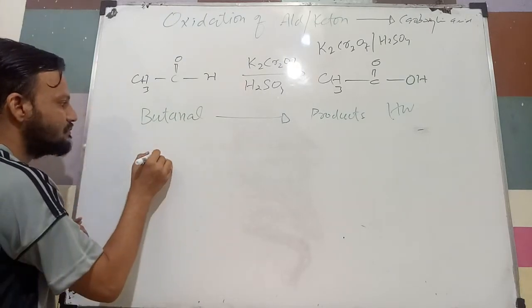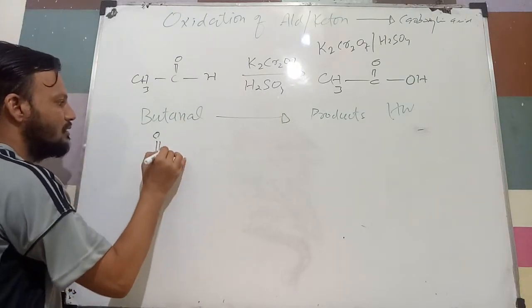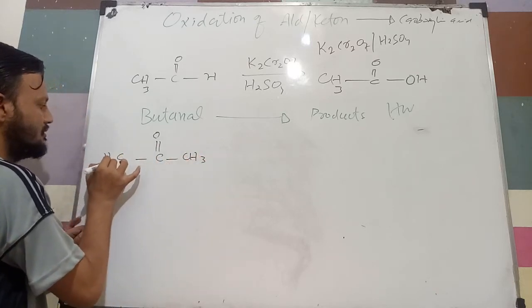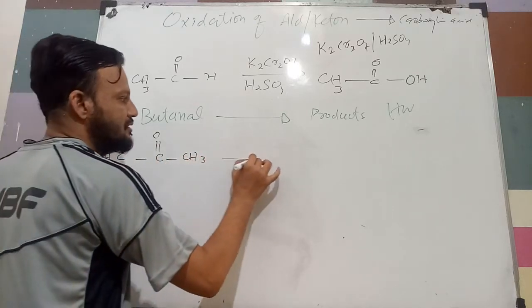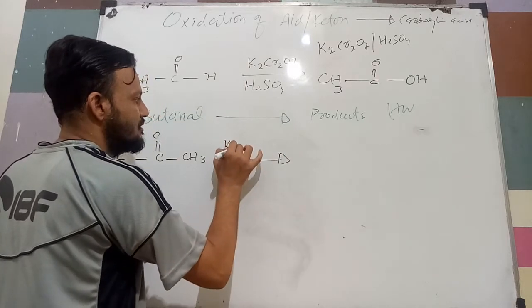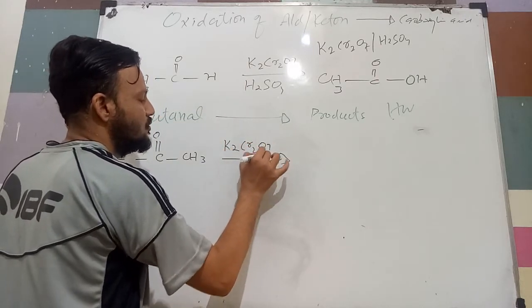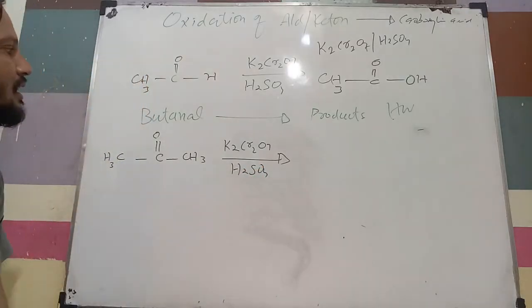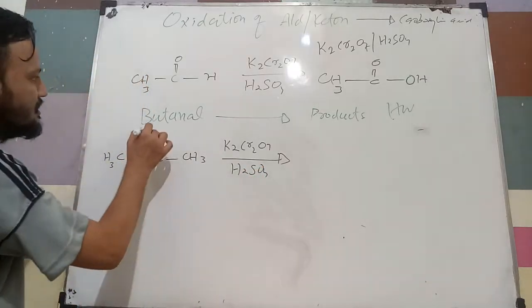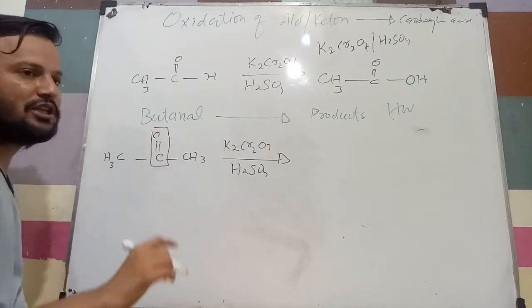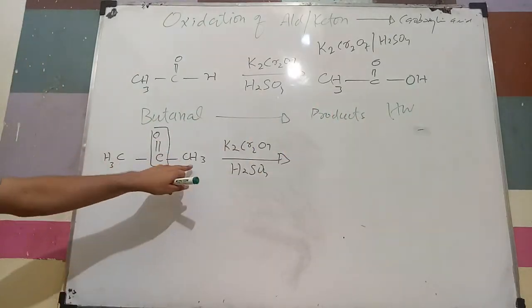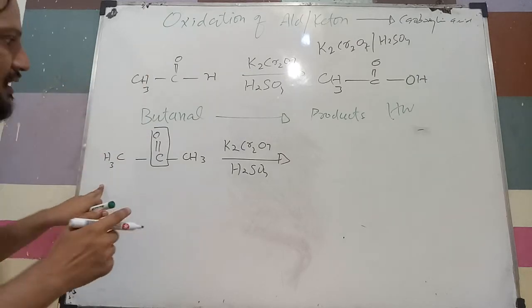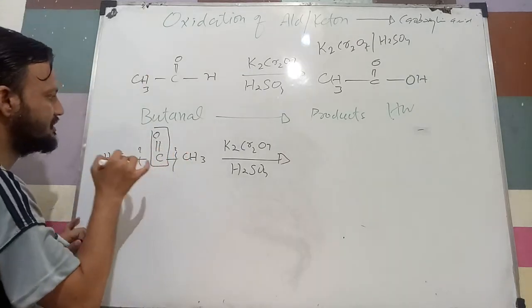Like double bond oxygen, CH3, in the presence of the same conditions, K2Cr2O7, H2SO4. From the side of this carbonyl group, either from this side or from this side, we have to break the carbon to carbon bond.